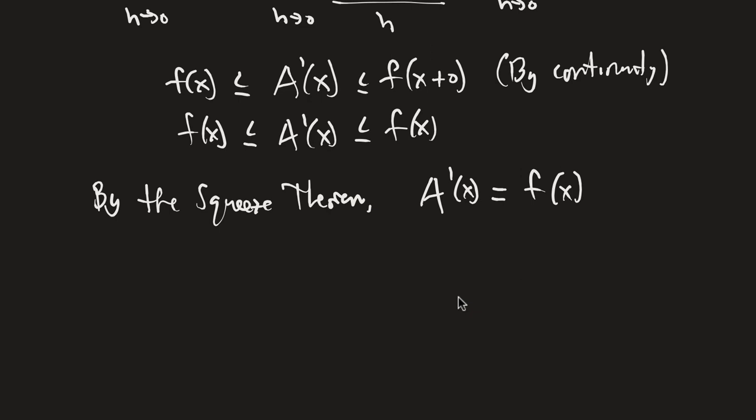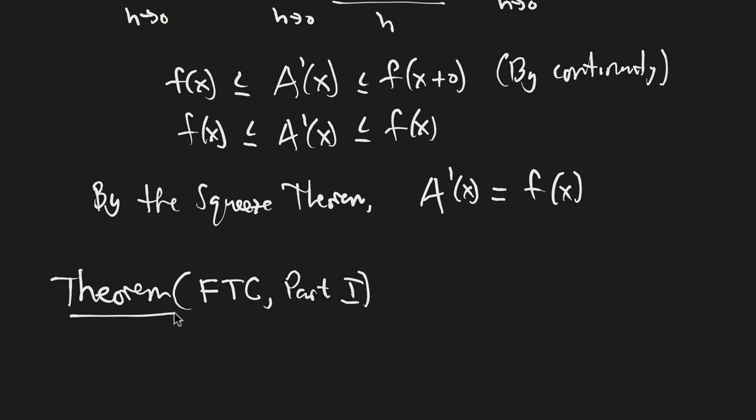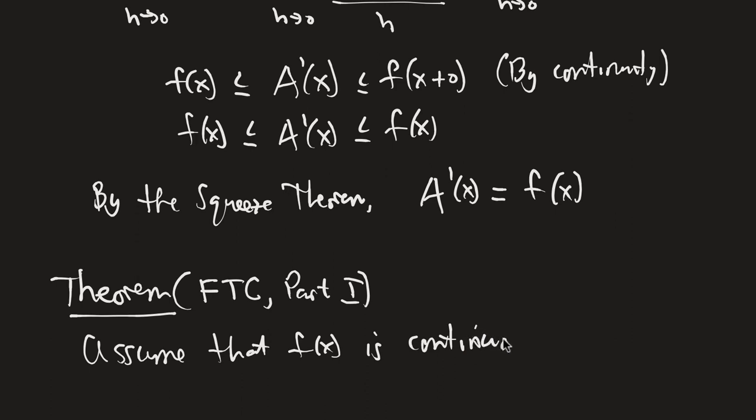So let me actually state the theorem now in all its glory, right? So this is our theorem. It's abbreviated FTC, and this is part 1, because there are two versions of it, and it says this: assume that f of x is continuous on an open interval, right?